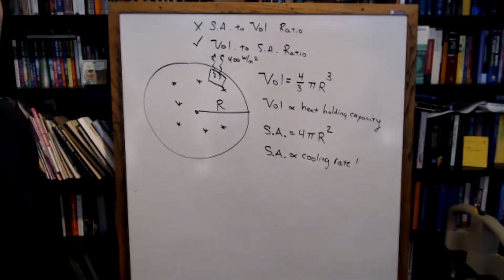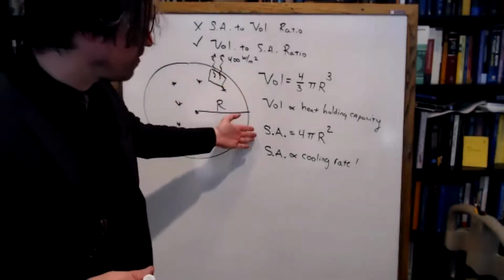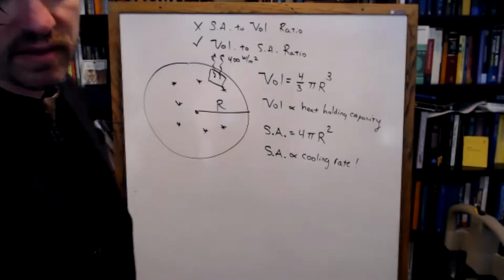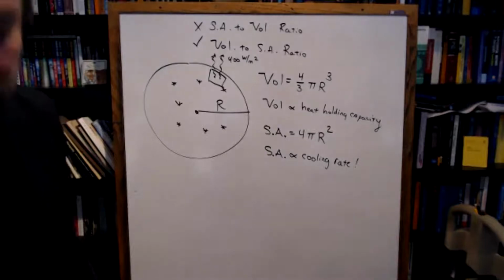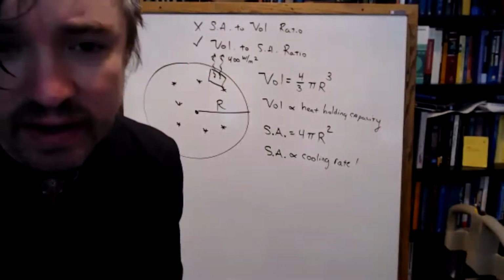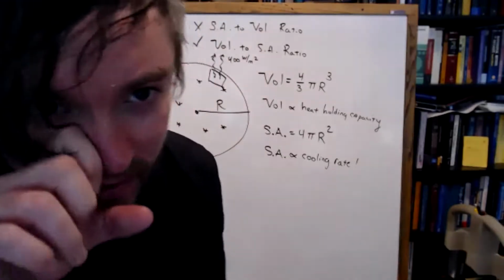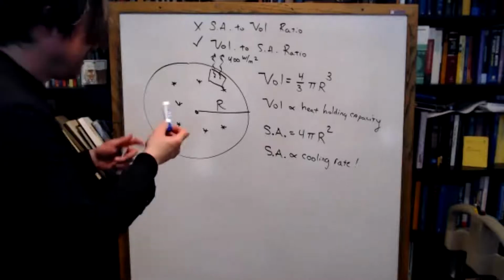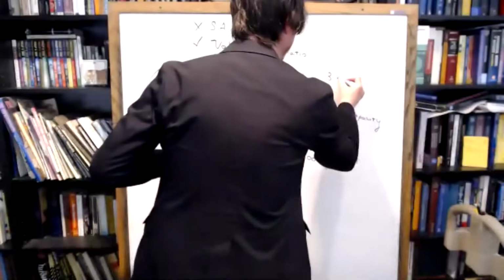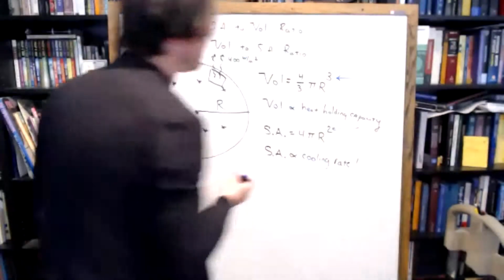Always grows faster than surface area. Right, but I was hoping you could explain it in terms of our formulae here. Does anyone get what I'm driving at here? Is it because the radius is cubed in the volume formula? Yeah, it's about the powers. Yes, it's about the cube dependence, right? The cube is stronger than the square.